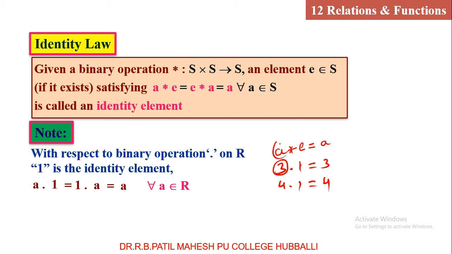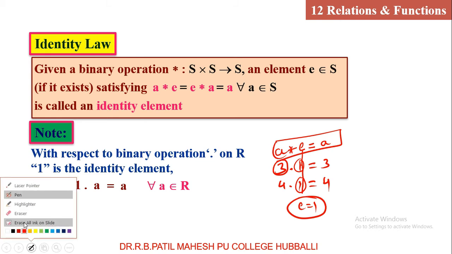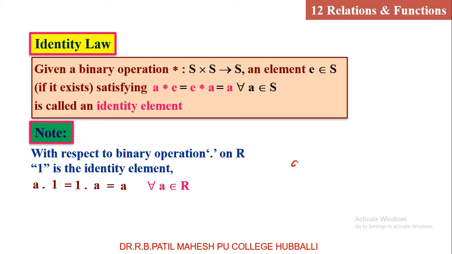So it satisfies the identity law, and the value of E works for all the real numbers. Try to understand, I am not telling this only for a few numbers. This 1 will work for all the real numbers. Then only we call this an identity element. Otherwise it is not an identity element. Sometimes what happens? A star E is equal to A, but this E will be possible only for a few elements in the set.